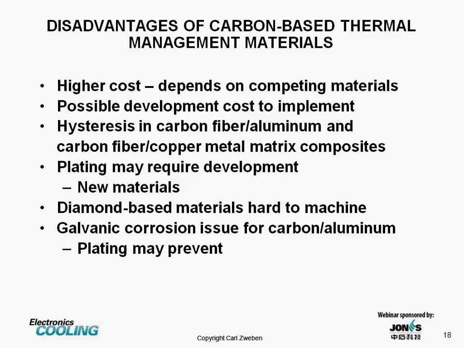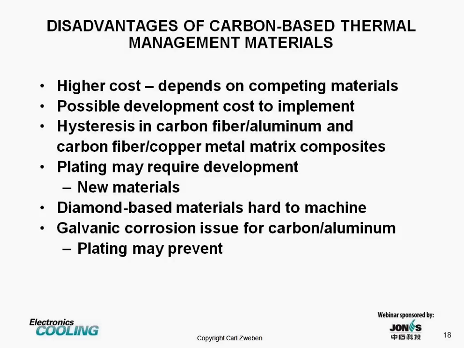How about disadvantages? The big issue is higher cost for many of them, but cost is relative. It depends on the competing materials. Copper tungsten, copper moly are also fairly expensive materials. If you're starting out with new materials, there may be some development costs to implement them.